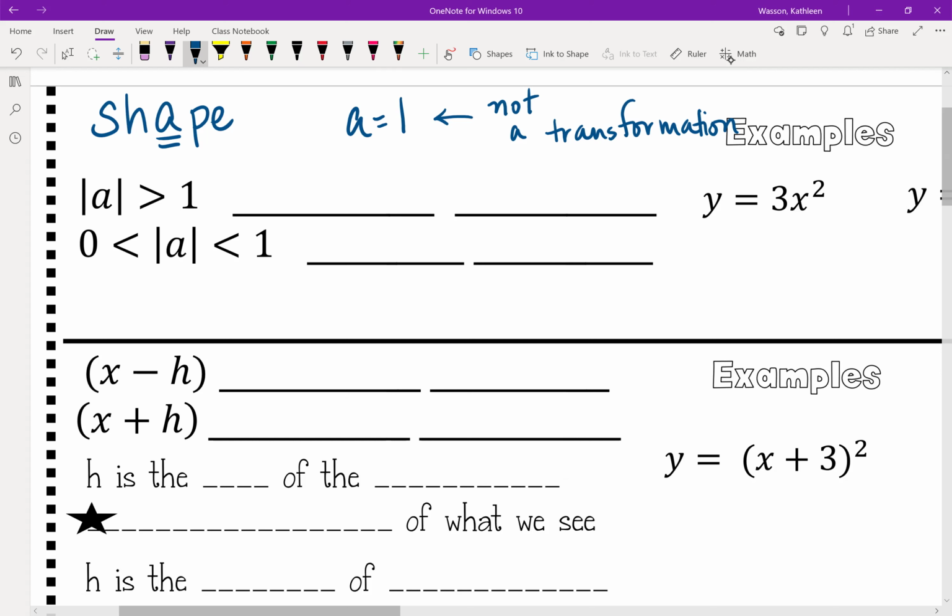Anytime the a value, the number, that's why it's an absolute value bracket, so regardless of sign, the number for a, if it's bigger than 1, then you have a vertical stretch. So your graph is going to be taller and skinnier.